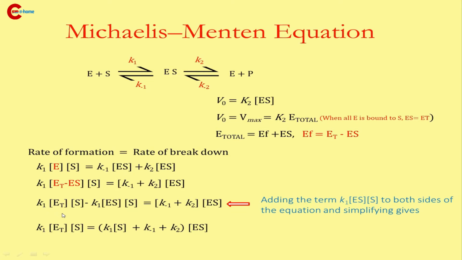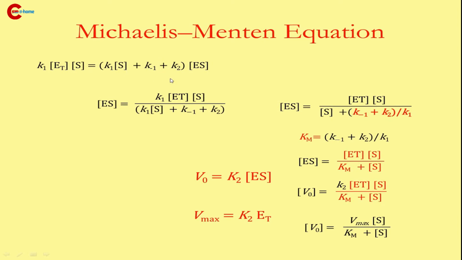Adding the term K1 ES S to both sides of this equation and simplifying, it gives this equation: K1 ET S is equal to K1 S plus K minus 1 plus K2 into ES. This is the previous equation that we simplified, and we can solve it for ES.